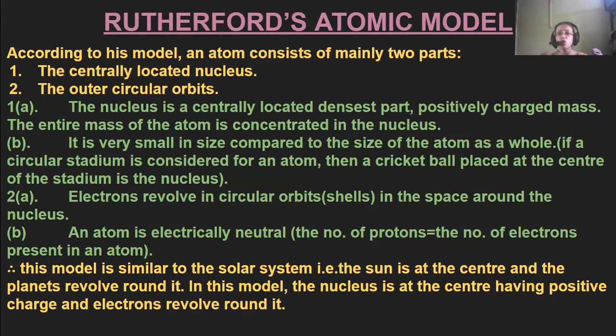The centrally located nucleus is the densest part, and it is positively charged. The entire mass of the atom is concentrated inside the nucleus, and the nucleus is very small in size compared to the size of the atom as a whole.